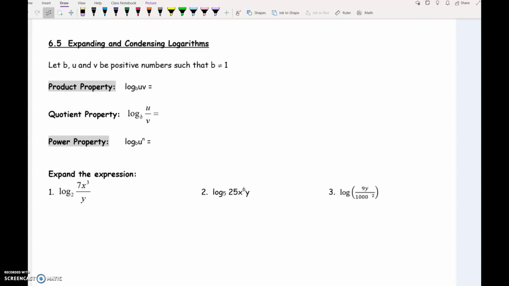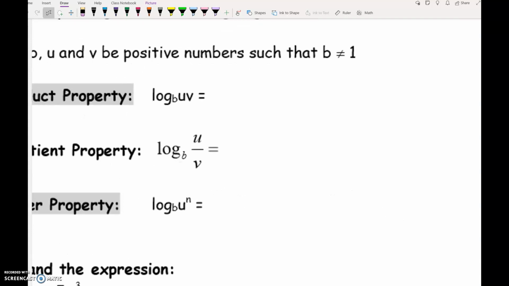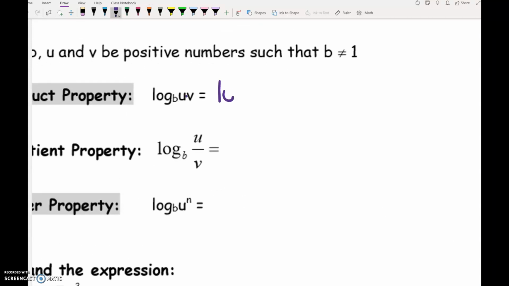There are three properties of logarithms that are helpful for expanding and condensing. The first one, if there's multiplication inside the logarithm. So do you see how this is log base b of u times v? That will expand to log base b of u plus log base b of v.